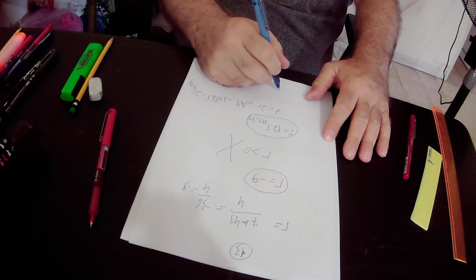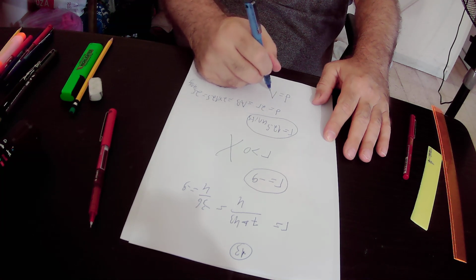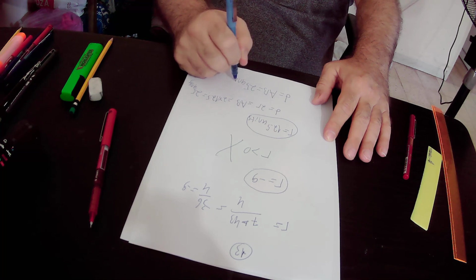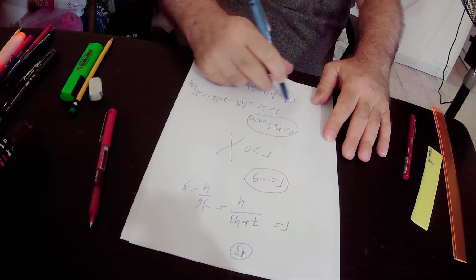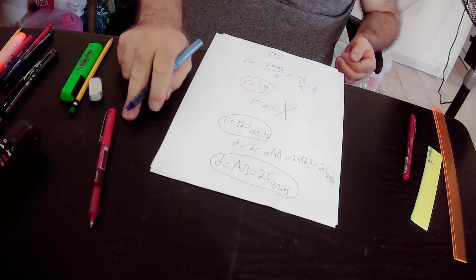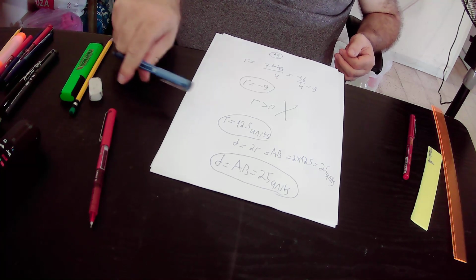So the answer to the question is that the diameter of the circle, AB, equals 25 units. Again, the diameter of the circle equals 25 units.